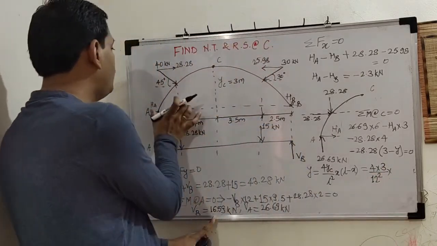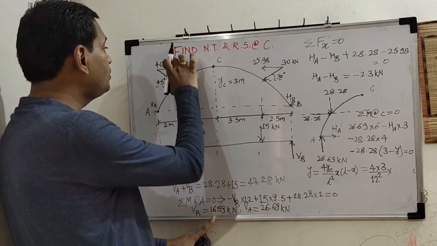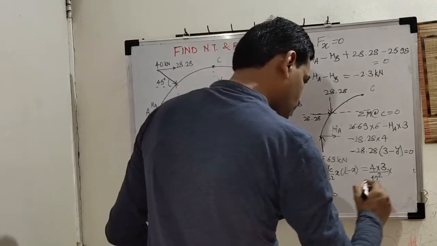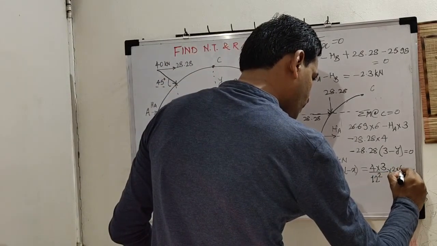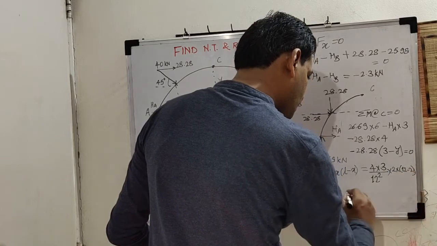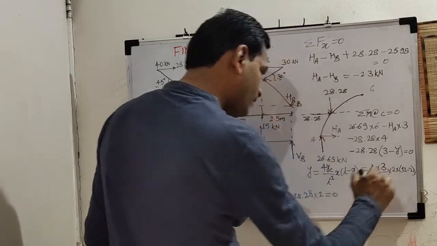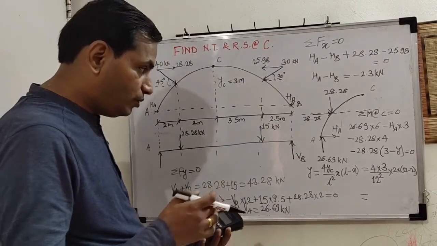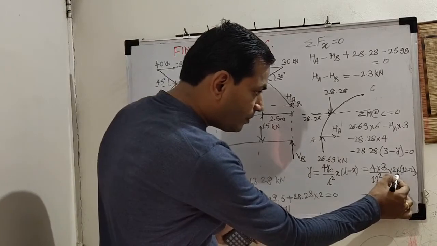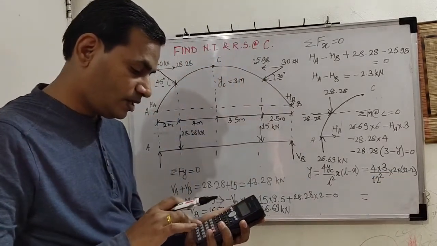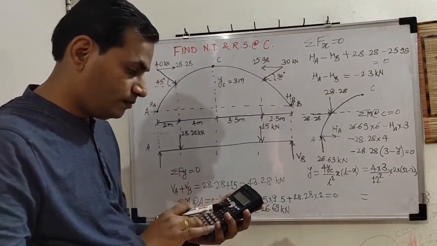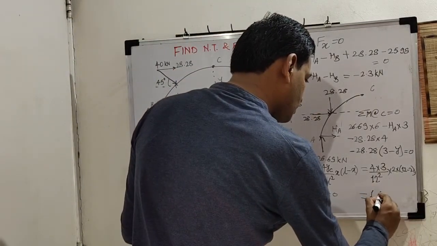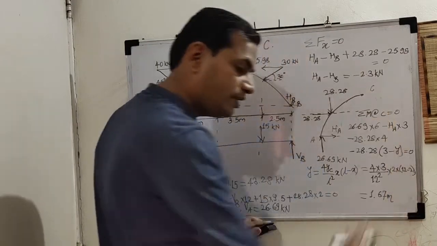We want this y ordinate below this 28.28, so this x is 2 into 12 minus 2. So 4 into 3 into 2 into 12 minus 2 is 10, upon 12 square. So it is 1.67 meters.